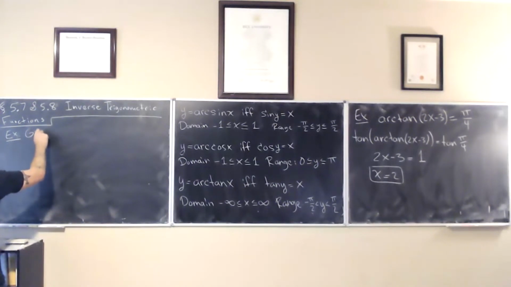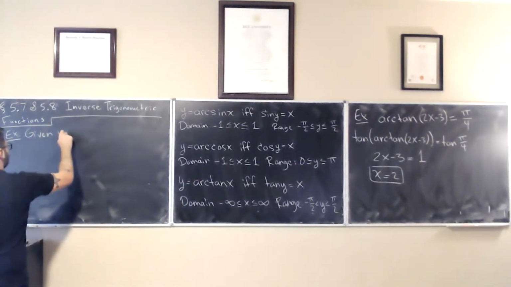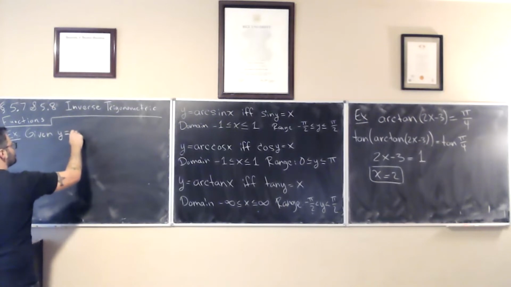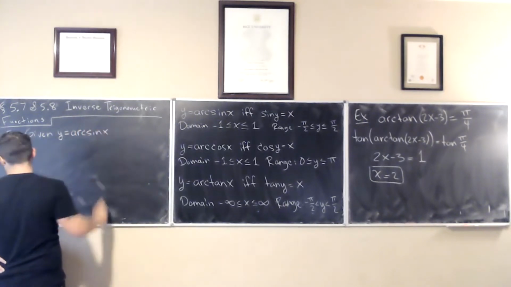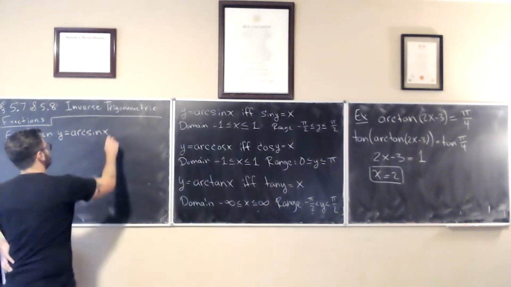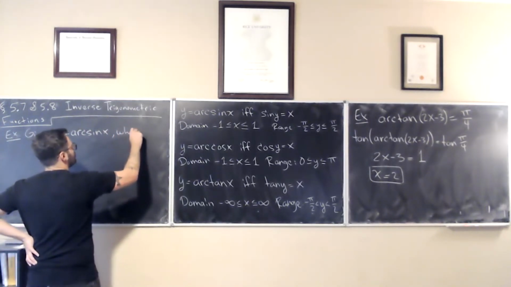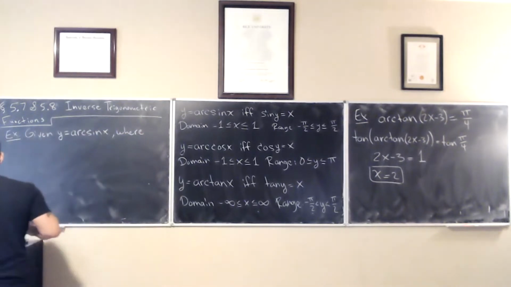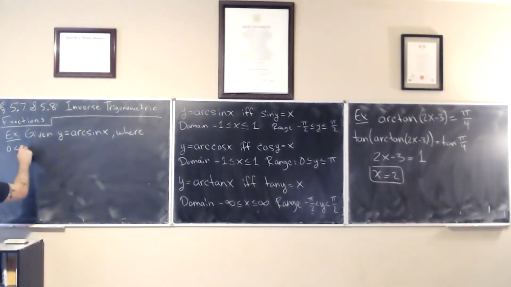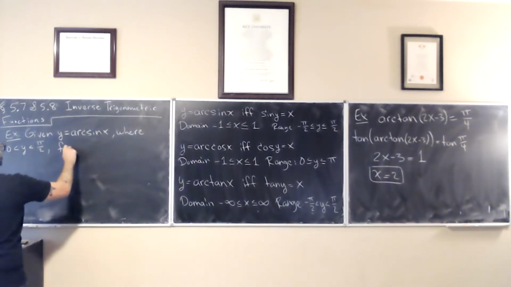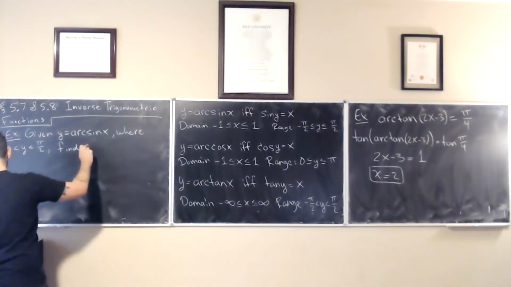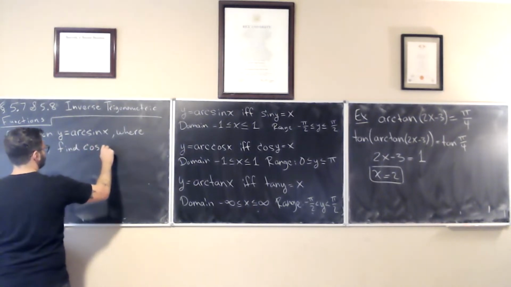Given y equals arc sine x, where 0 is strictly less than y, which is strictly less than pi over 2, find cosine of y.